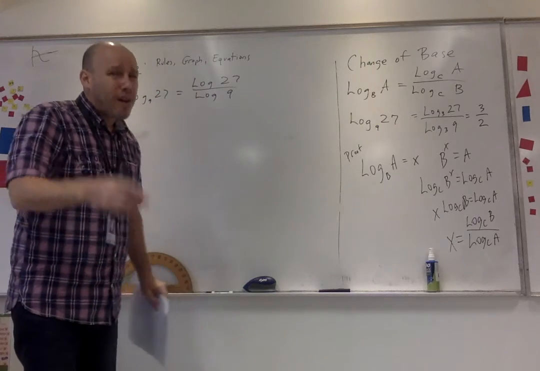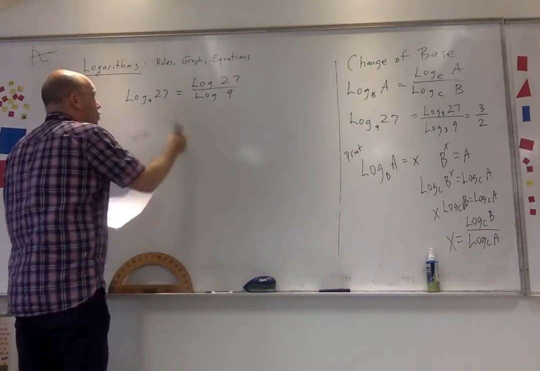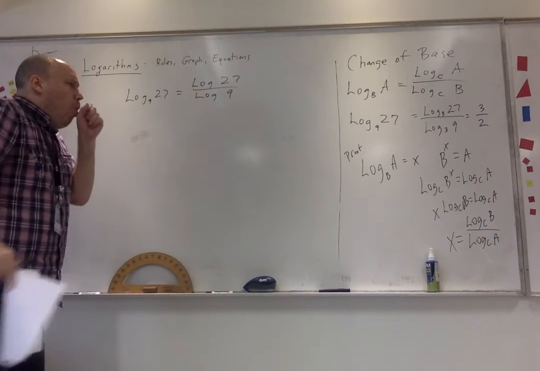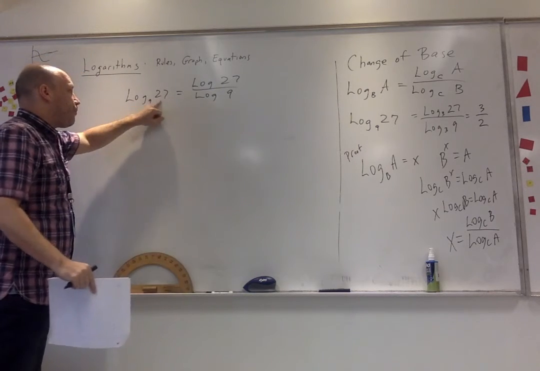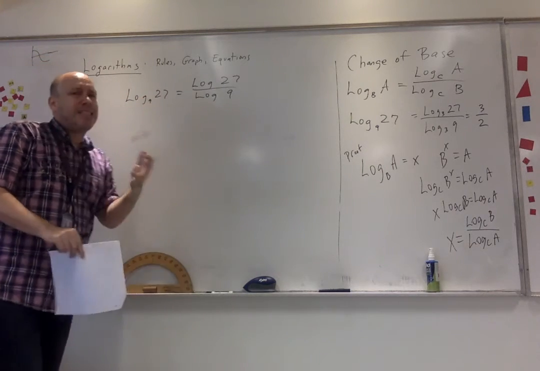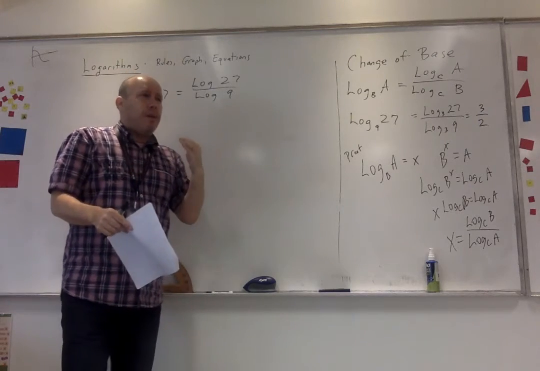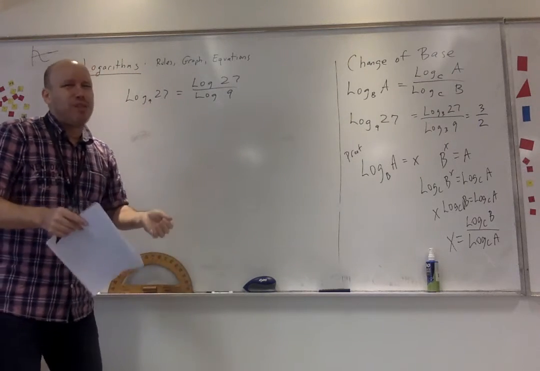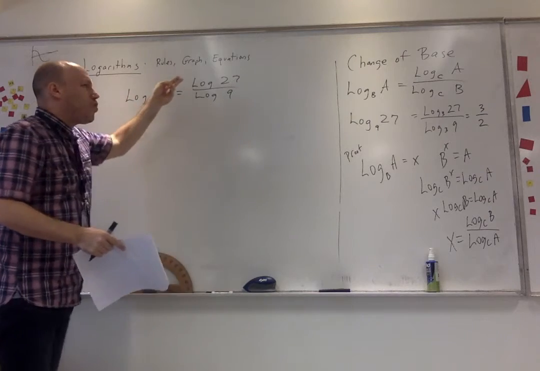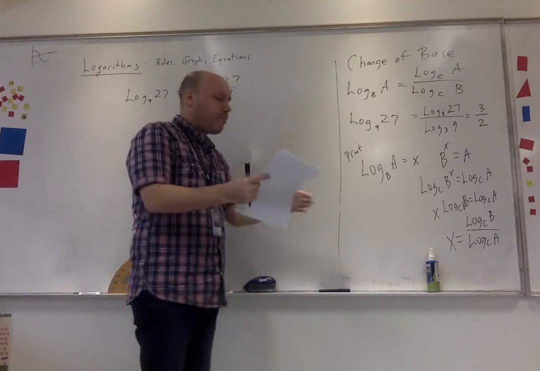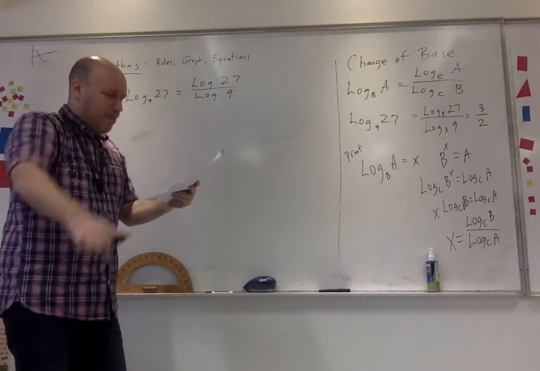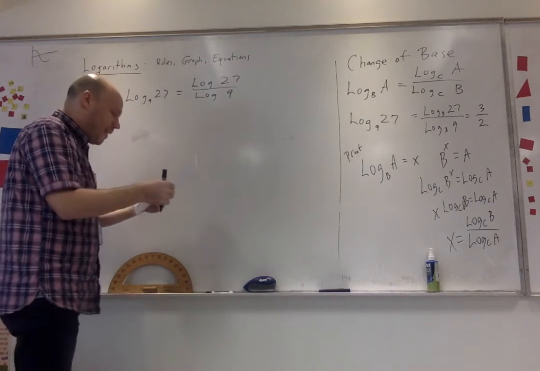But your calculators can actually do this directly. We're teaching this, but the technology can do this for you, so we don't need all of this. But you need it because you have to solve problems like this on the IB exam.